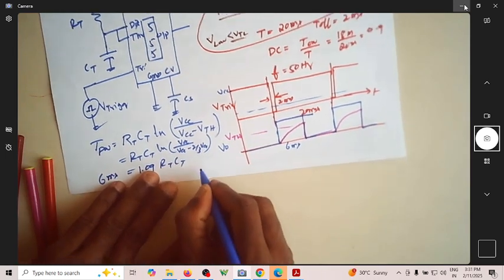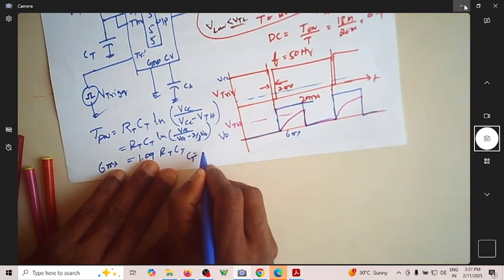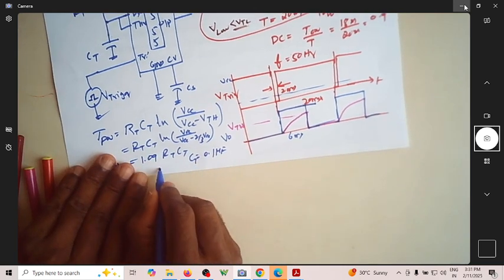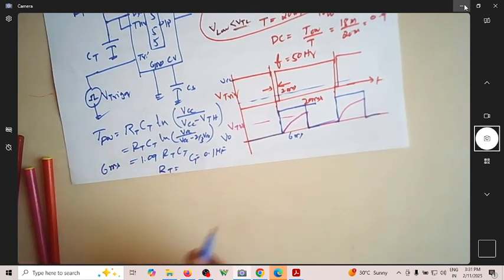So let us assume CT to be 0.1 microfarad. Then how much will be your RT? RT is 6 times 10 to the power minus 3 divided by 1.09 times 0.1 times 10 to the power minus 6, which comes out to be 55 kilo ohms.